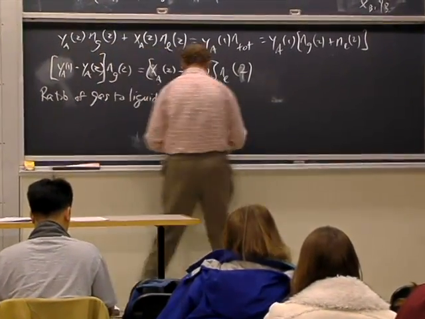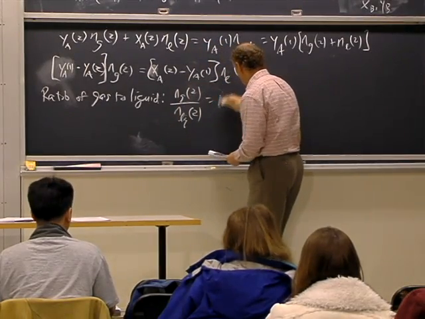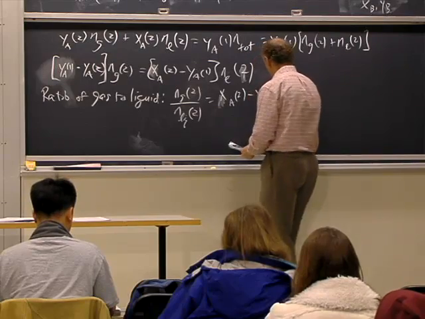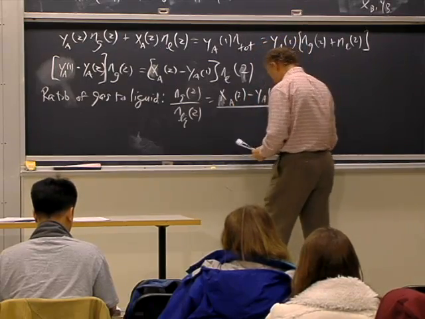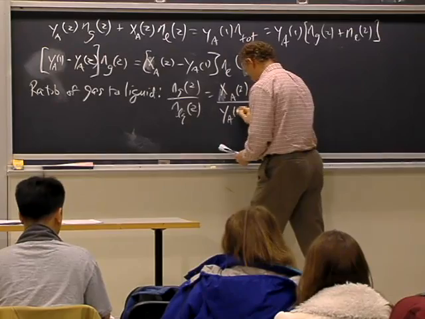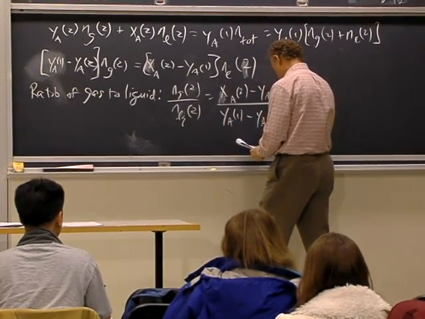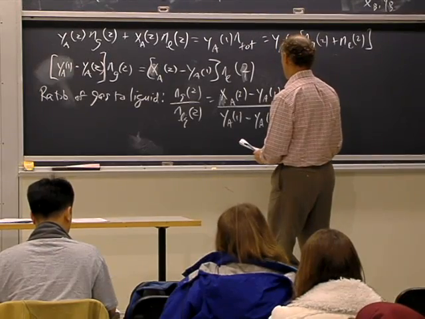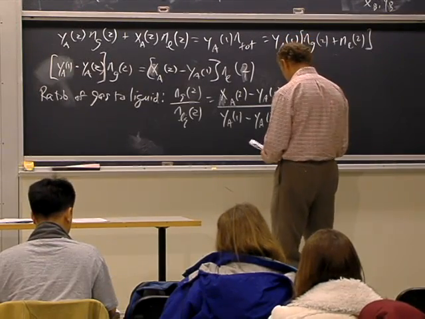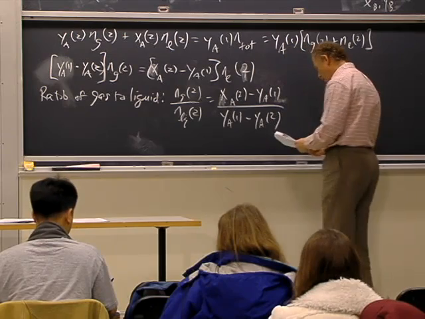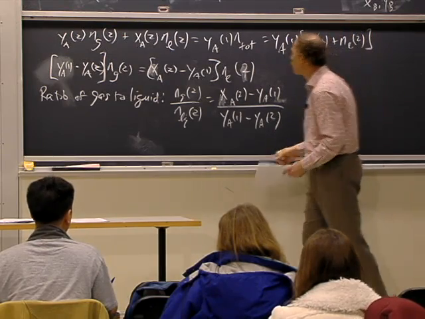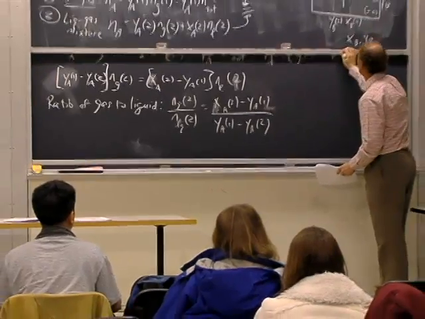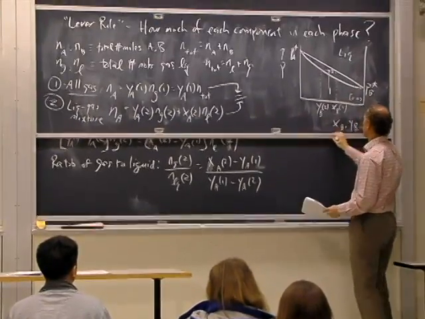And that's just equal to Xa of 2 minus Ya at 1 over Ya at 1 minus Ya at 2. Okay. So what does it mean? It's the ratio of these lever arms. That's what it's telling me.